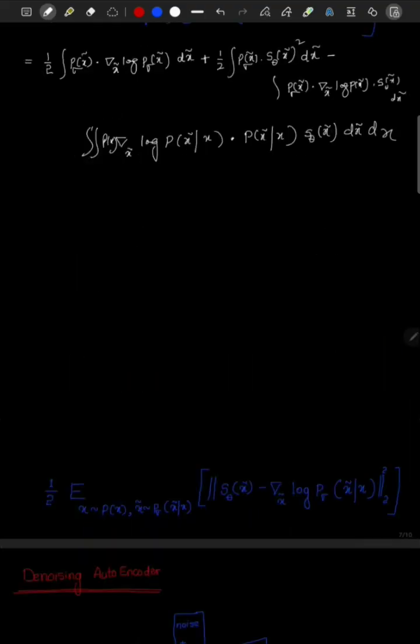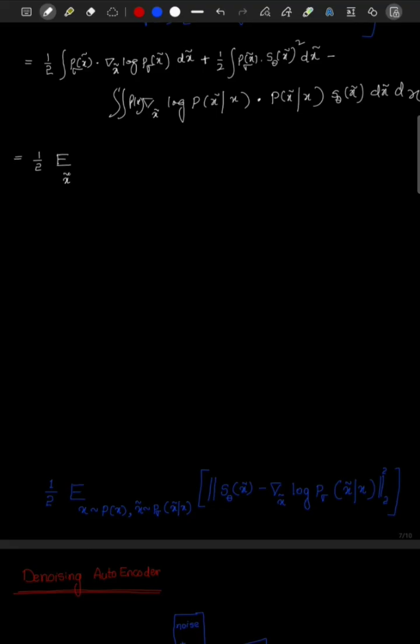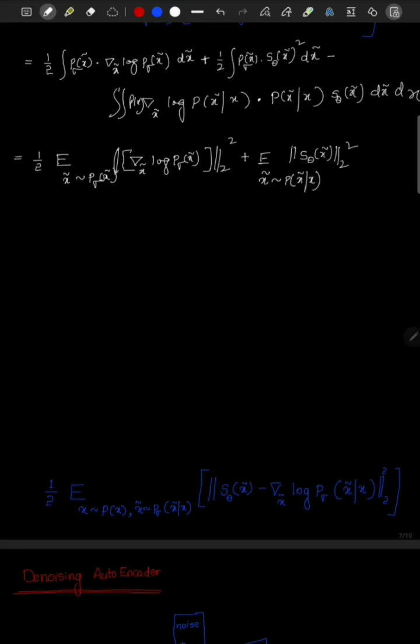Now we come up with this particular expression, and I will replace the last term with this. The first term is the expectation over x tilde sampled from p sigma of the gradient with respect to x tilde of log p sigma x tilde and the L2 norm of it, plus the second, the expectation over x tilde sampled from p of x tilde given x, of s theta of x tilde, again the L2 norm, right.